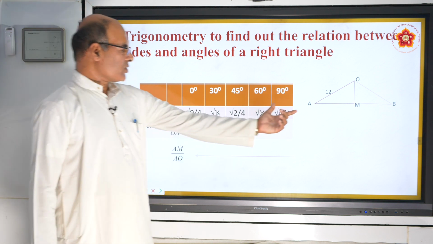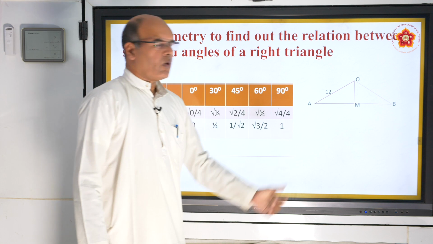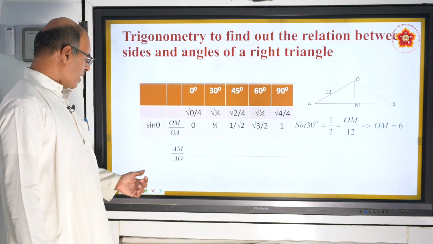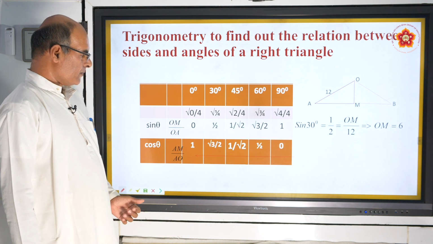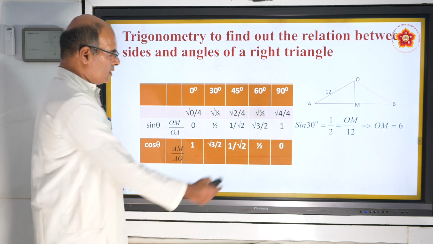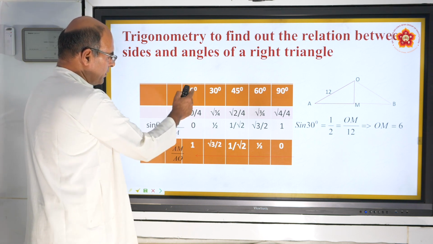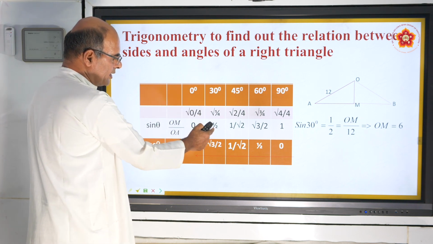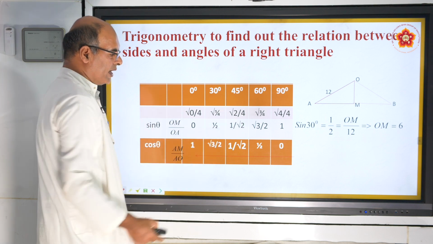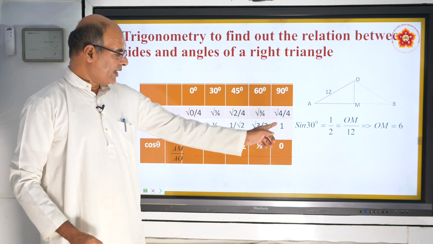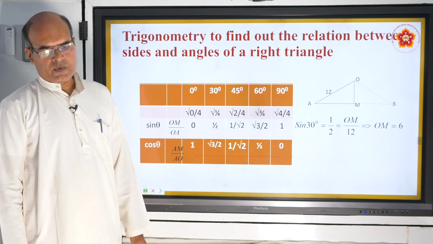Similarly, the ratio of AM and OA is called the cos function, cos theta. For the sine values, for 0 degree it is 0, for 30 degree it is half, for 45 degree it is 1 by root 2, for 60 degree it is root 3 by 2, and for 90 degree it is 1.